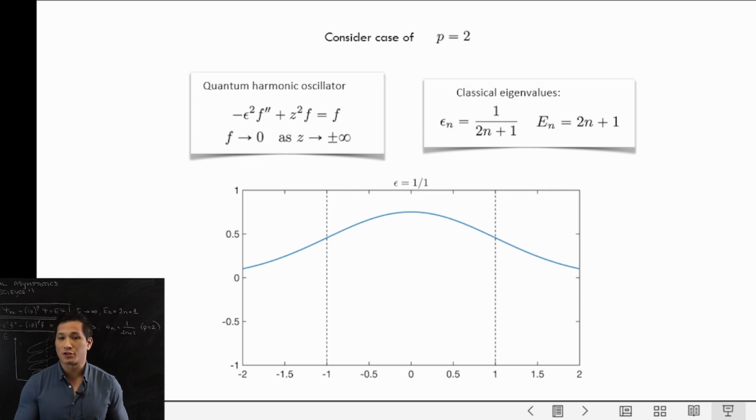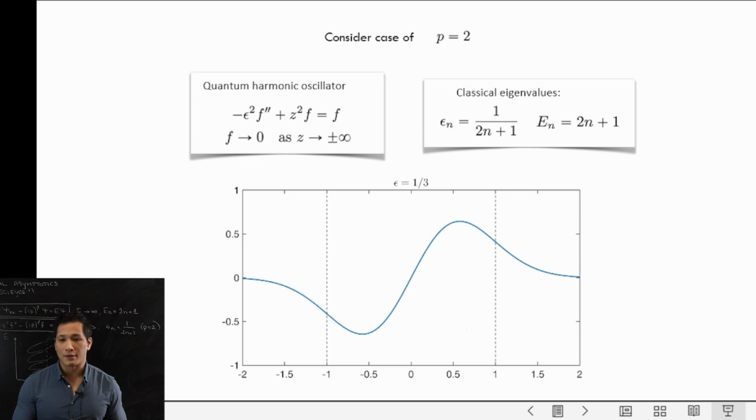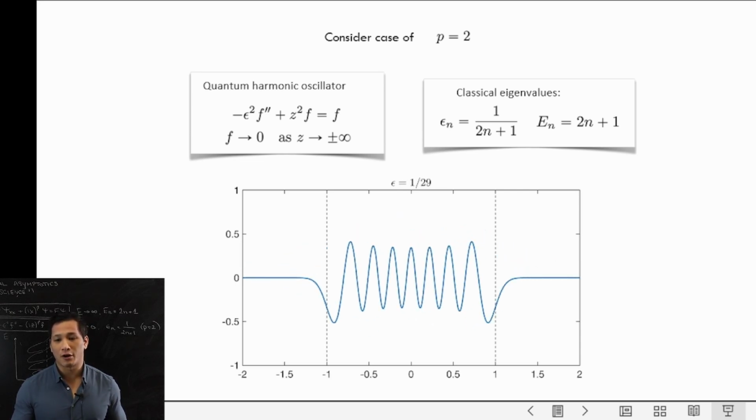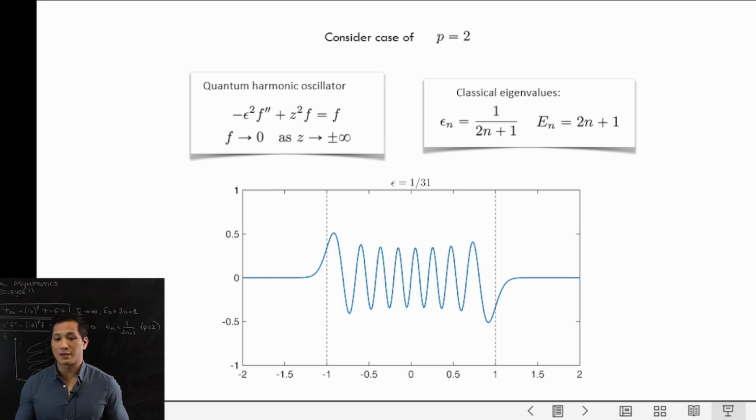So on the lower graph, this is the first eigenvalue, epsilon equal to 1 over 1. And you see it's just a function that decays at minus infinity and positive infinity. And then you can look at all the other eigenvalues, so 1 over the odd multiples, and you see that they essentially consist of a function that decays to minus infinity, a function that decays to positive infinity, but then this localized region between minus 1 and 1 where there's a series of oscillations.